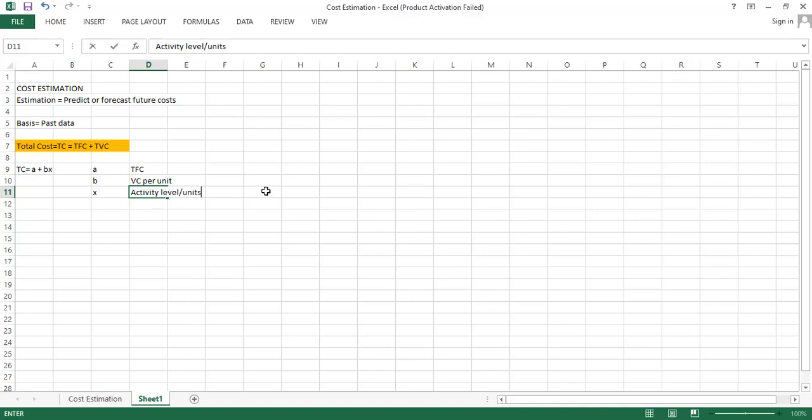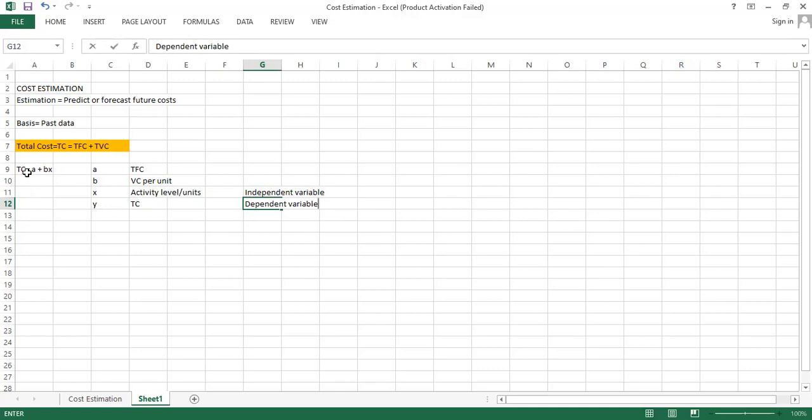But of course, X is what we call the independent variable. Independent in the sense that the value of Y, and Y is normally the total cost, is what we call the dependent variable.